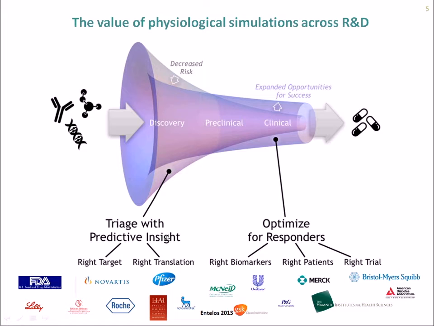We help you to support a fail-early paradigm in that case. In later development cycles, we focus on accelerating success for you by working with your preclinical and clinical groups and help you gain insight into selecting the right biomarkers, right patient, and designing the right trial.